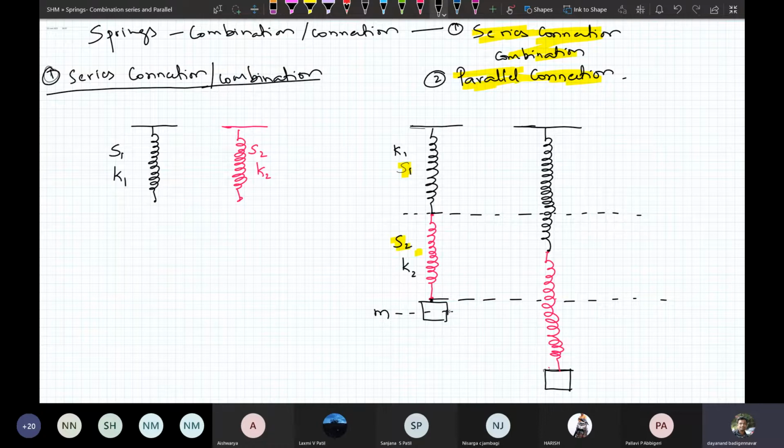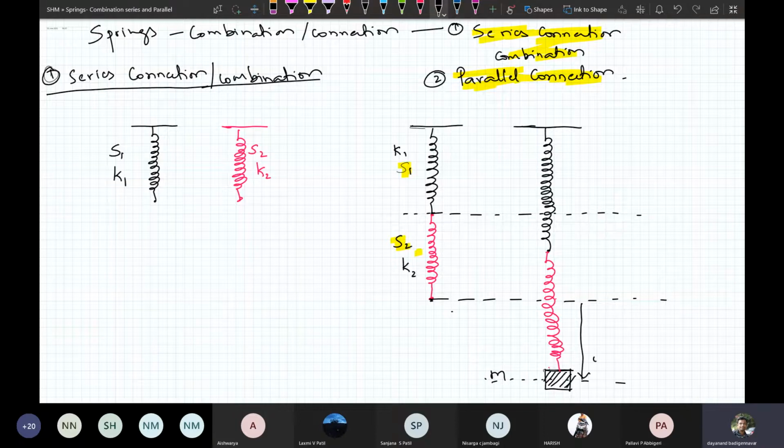What has happened is that now I have applied the mass. Due to the mass there is an extension in the springs. What is the extension in the net spring? The net extension in the spring is y.